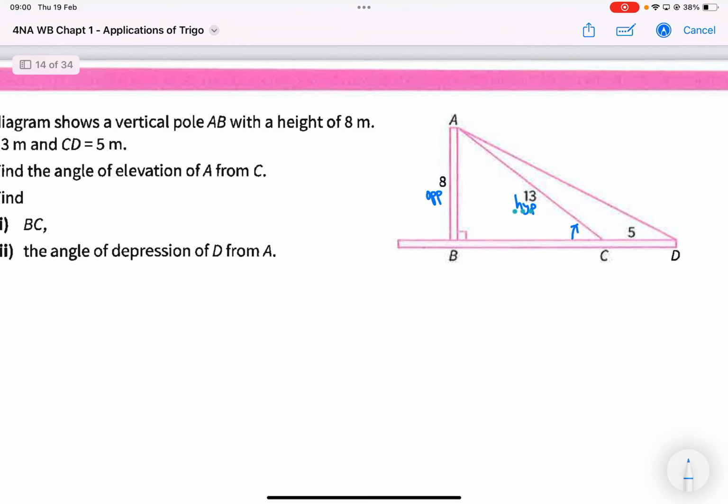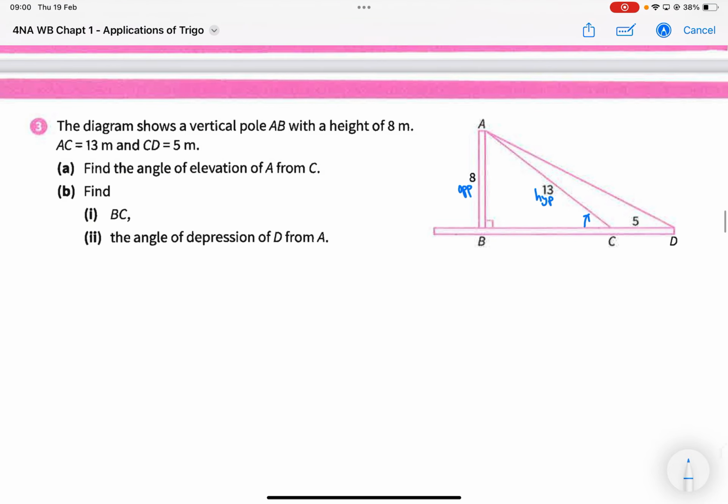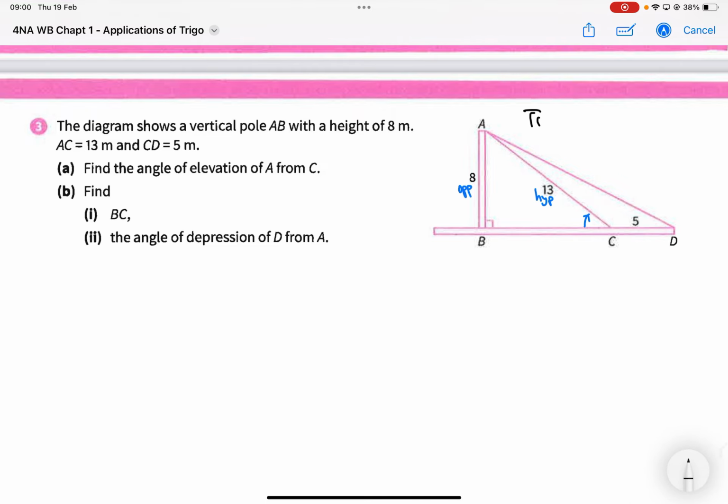So, Tuakaso. To link opposite and hypotenuse together, I will need to use sine. The one that links opposite and hypotenuse together, opposite over hypotenuse, is sine. So sine of this angle is opposite over hypotenuse.